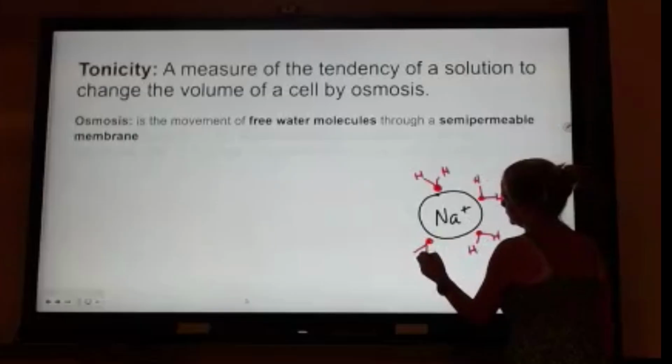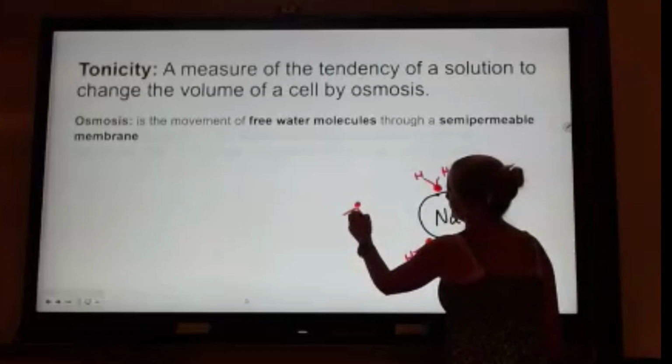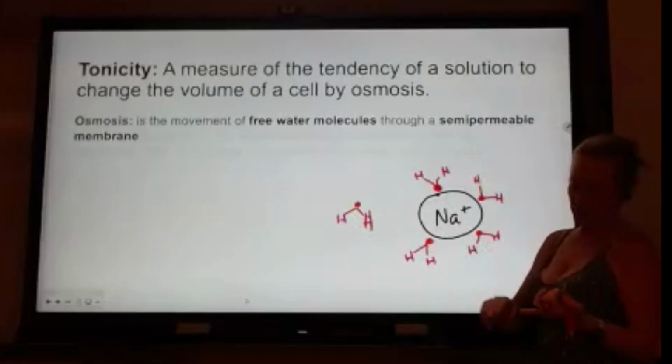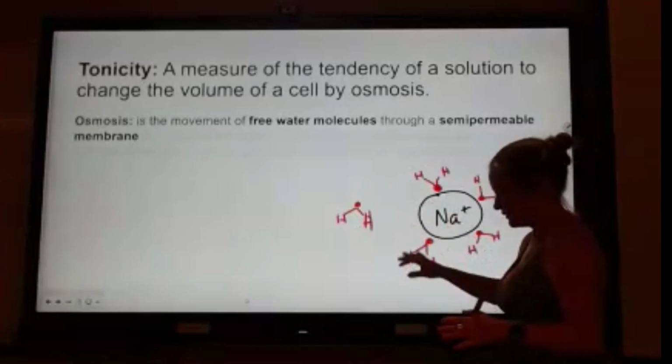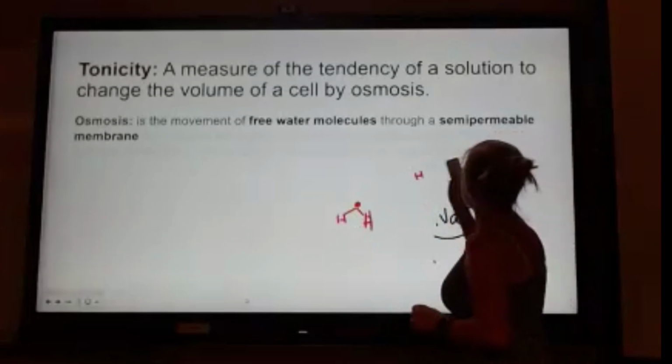They're hanging out with this sodium ion. They're not hanging out all by themselves. But here's a free water molecule. It's not covalently or hydrogen bonded to anything else. They're just floating around doing their own jam. So that's a free water molecule.